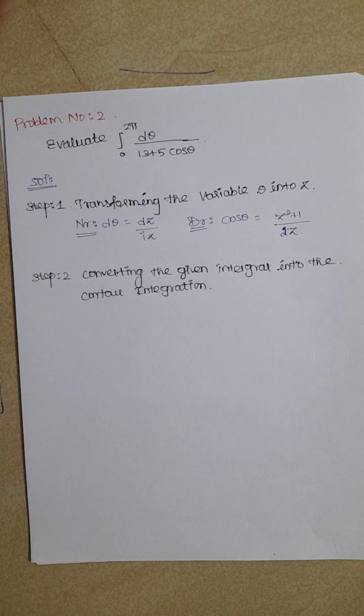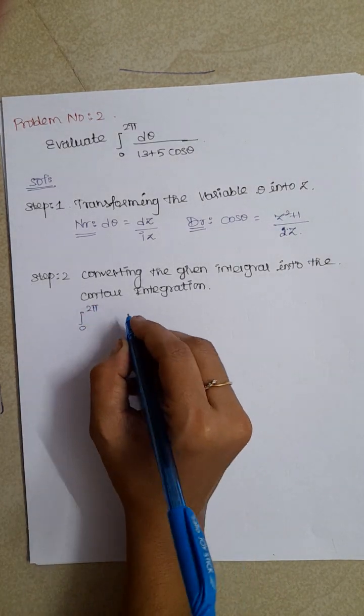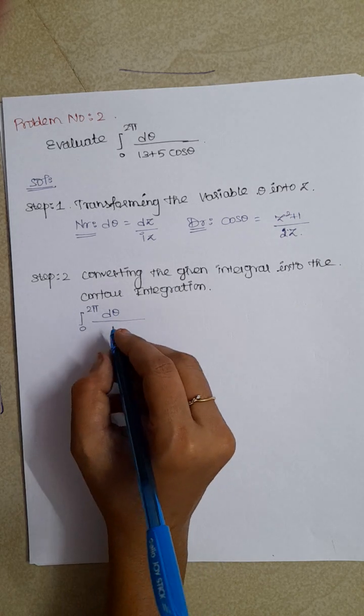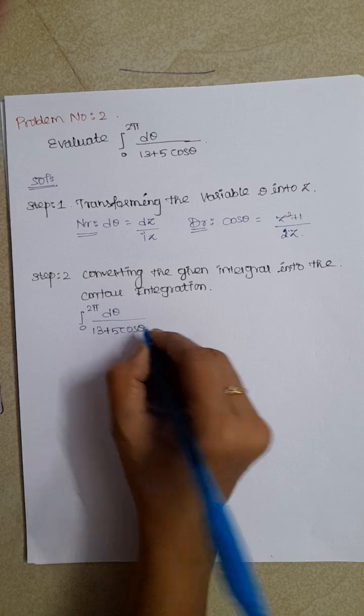The given integral is 0 to 2 pi d theta divided by 13 plus 5 cos theta.